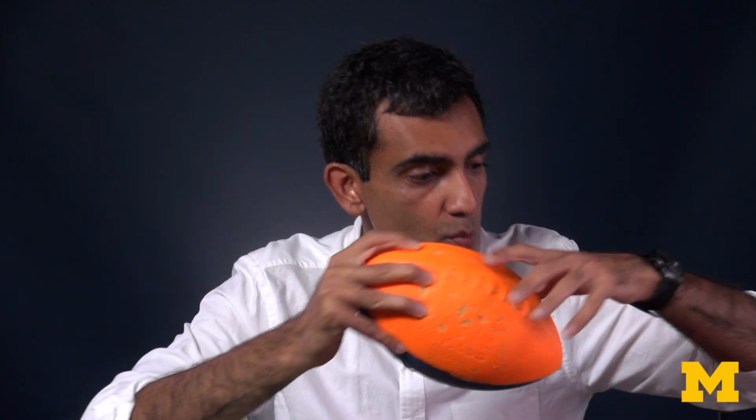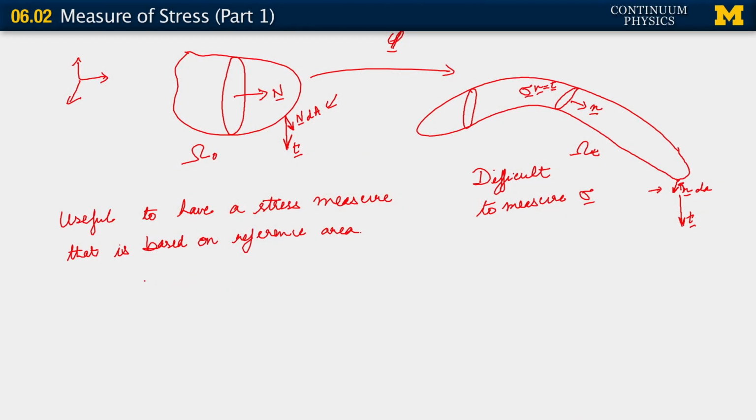Under this situation, we can say now the following, right? What we can say is that, look, in my reference configuration, I have the traction which is related in some way to this area vector. Okay, I haven't filled things in. There's something that's going to come in this big space I've left here.